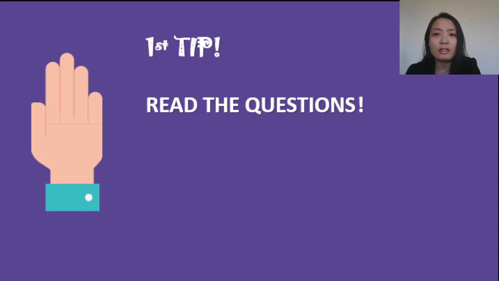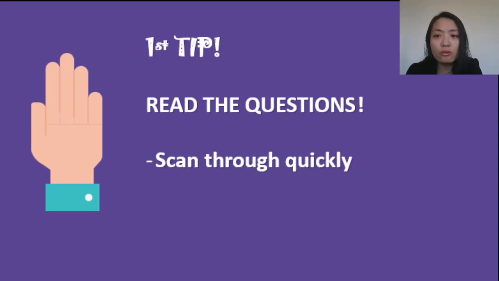But if you scan through the questions first, quickly, then you'll be able to see, oh, okay, this text is about something, or it's related to this question. It's not important for you to memorize what the question is saying. So just read the questions and scan quickly.